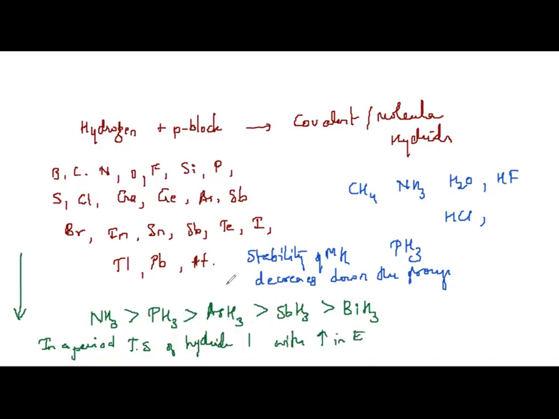Therefore, if I give you CH4, then after carbon comes nitrogen, NH3, then oxygen, H2O, then HF. Which is least stable here? The least stable is CH4 because it is less electronegative compared to all. So HF is most thermally stable.